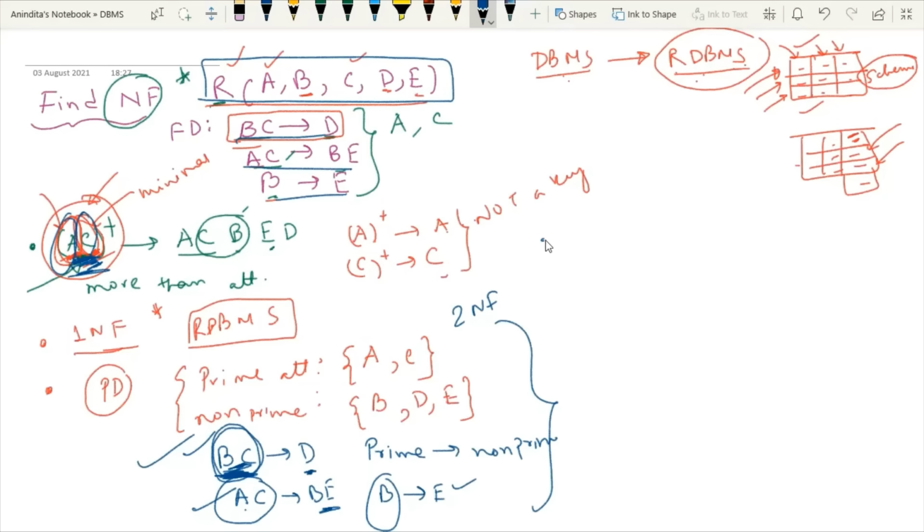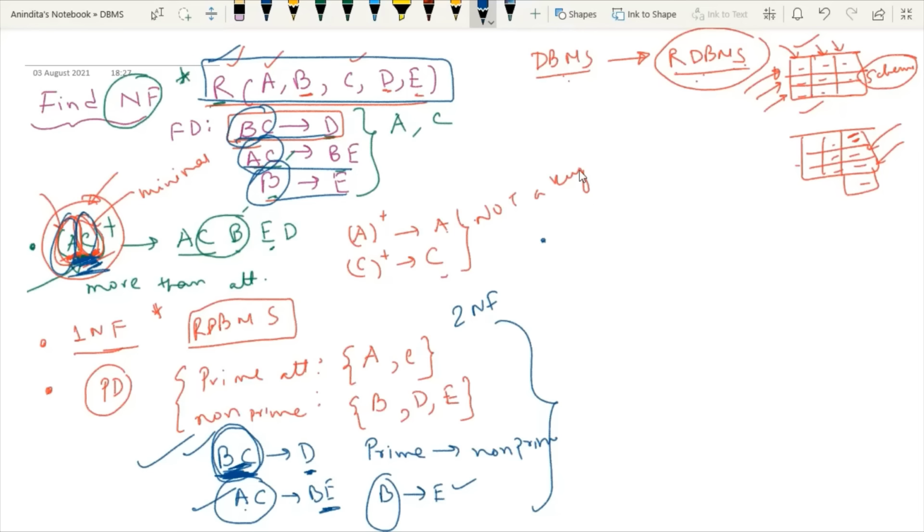Now the third check: whether this relation R is in 3NF or not. In case of 3NF, what will we check? Whether the left hand side of the functional dependencies are super keys or not. Now I will tell you the actual definition of 3NF.